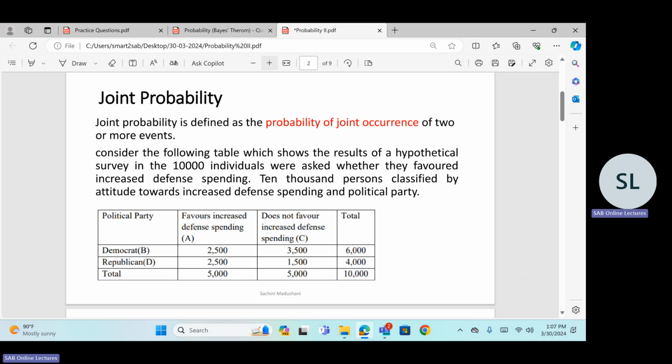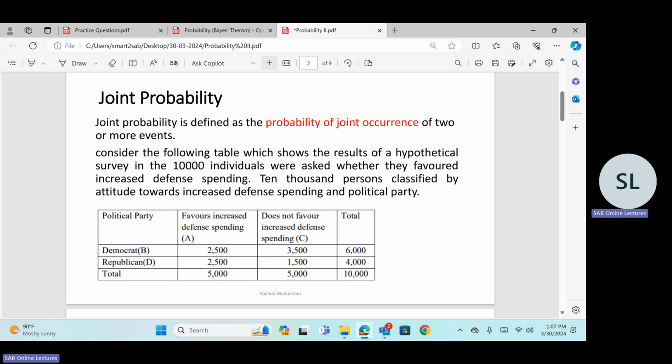Okay, this kind of table we call a contingency table. Remember, in the second chapter we discussed how to present categorical data. The first thing is using the tabular format. Then when we have more than one categorical variable, we use a contingency table. Okay, in here we have two kinds of variables.